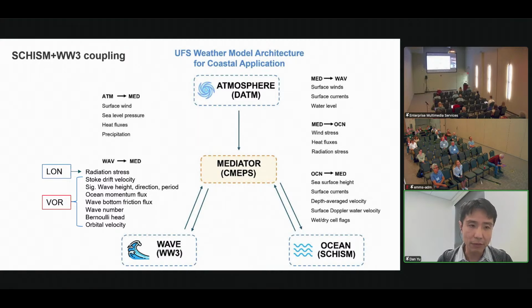The first is Longuet-Higgins coupling, and the second is vortex coupling. We want to make sure all the exchange variables from the WaveWatch III side are properly delivered to the SCHISM side.